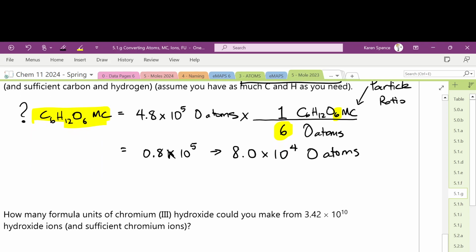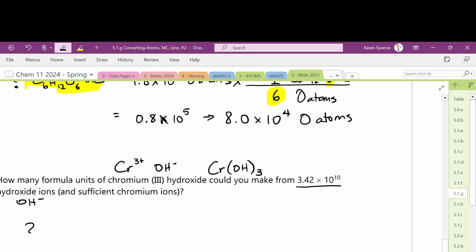Now we need to find chromium 3 hydroxide. So for chromium 3 hydroxide, we have Cr3+ and OH-. So our formula for that is Cr(OH)3. And how many of those can we make from 3.42 times 10 to the 10 hydroxide ions?